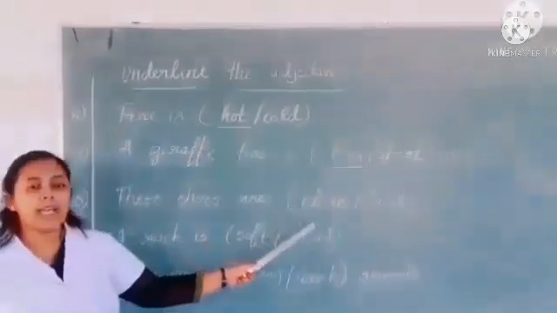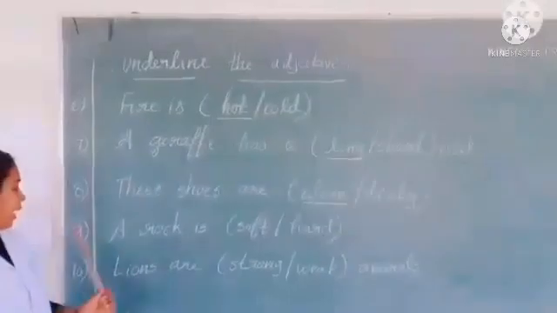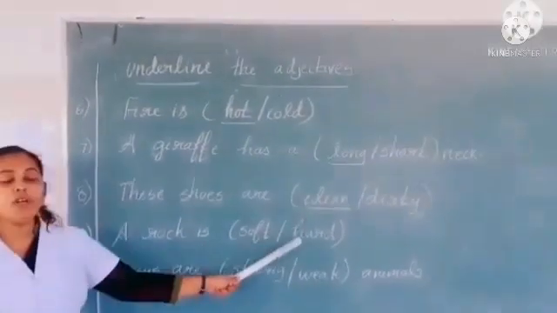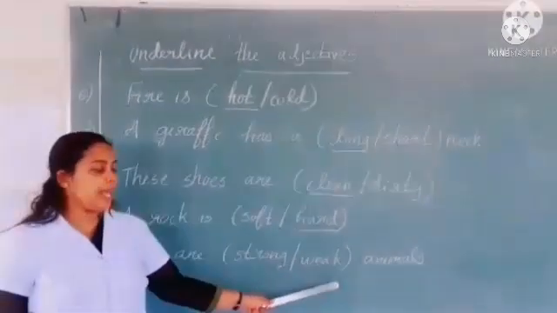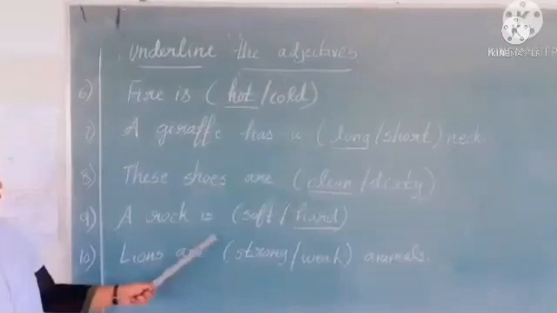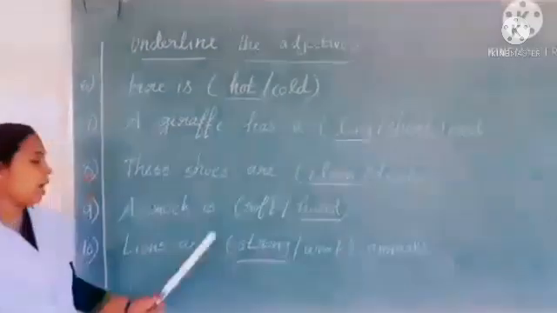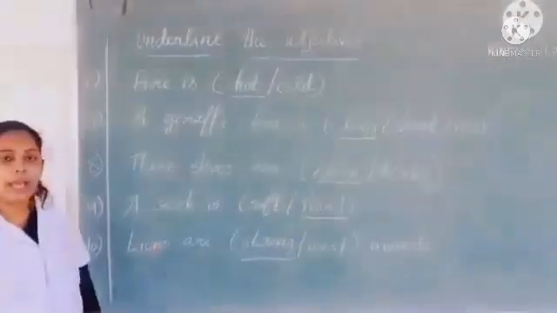And ninth one, a rock is soft or hard? Yes, hard. And tenth one, lions are strong or weak animals? Yes, strong. Lions are strong animals. It shows the quality.